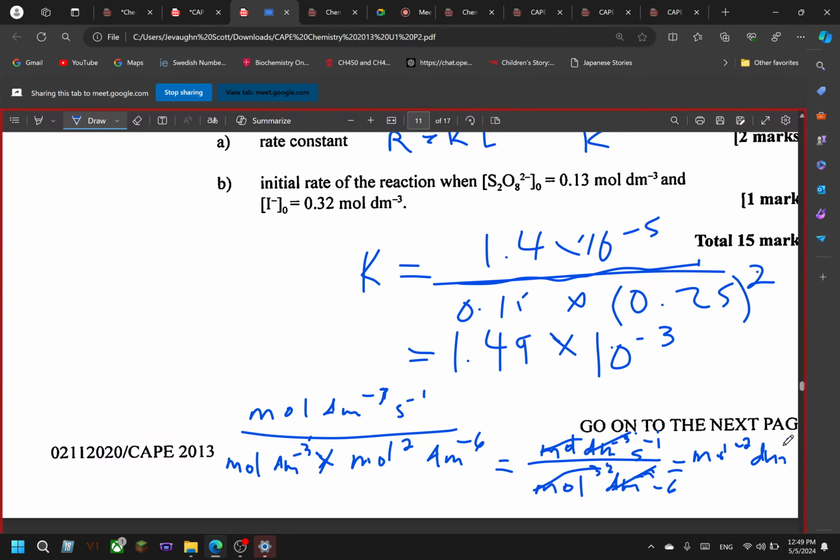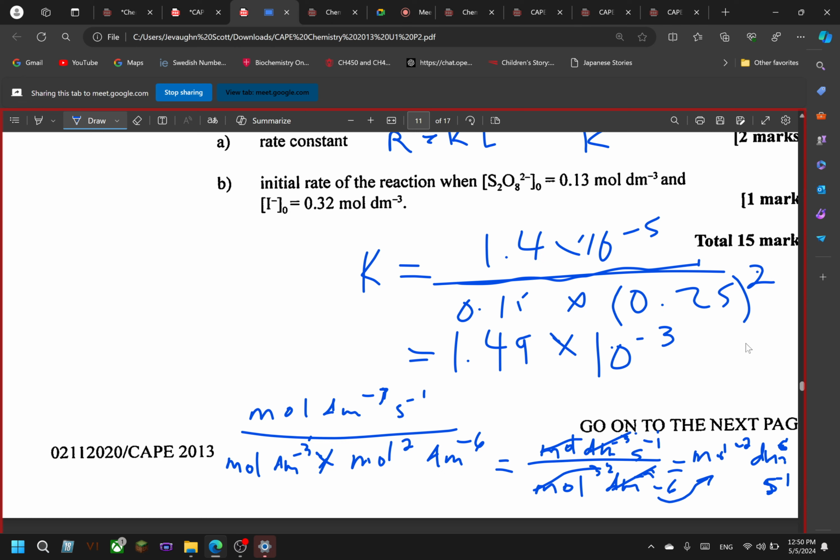Hopefully that makes sense. So dm to the power of positive 6, and then per second. Those would be the units that we have there. When you bring these up to the numerator, you have the exponent. Simple, right?